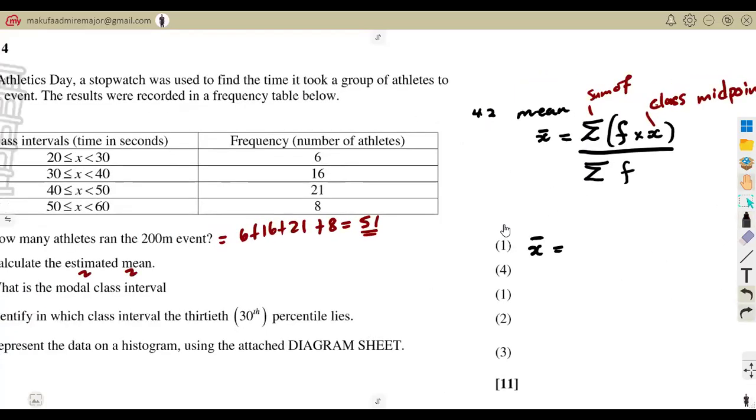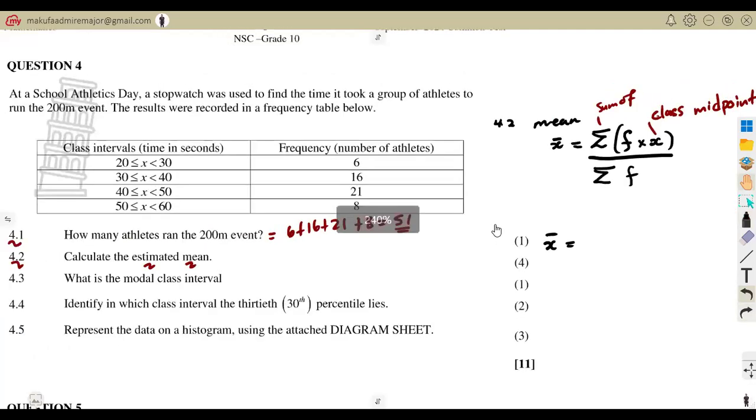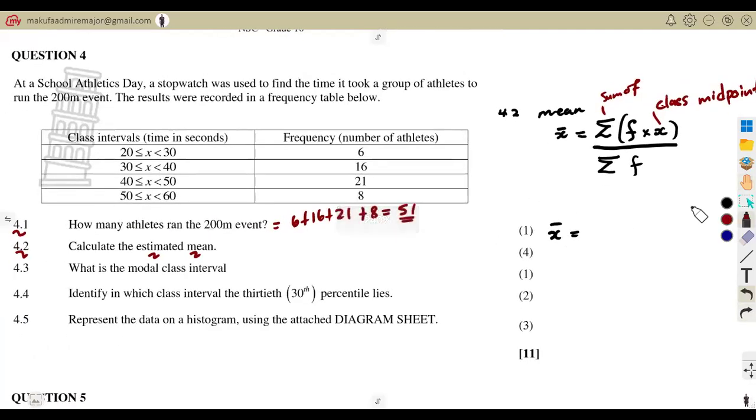So you need in each and every class to have the class centers. Remember how to determine the class center or the class midpoint. The class midpoint, you simply add what you have on the lower class boundary plus what we have on the upper class boundary. You divide that by 2. You have the class midpoint.